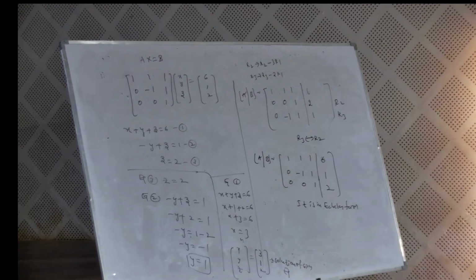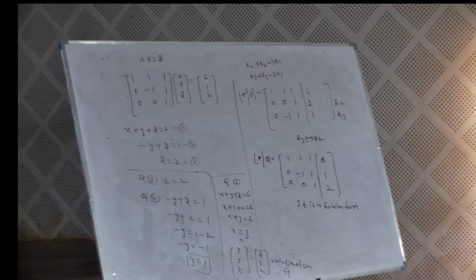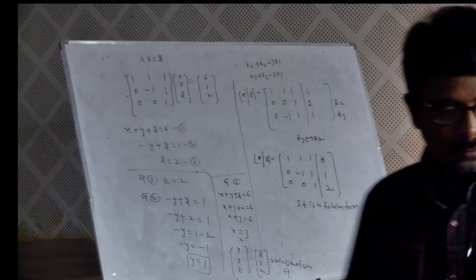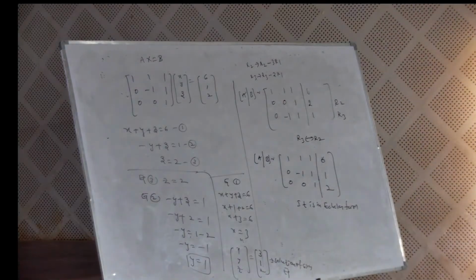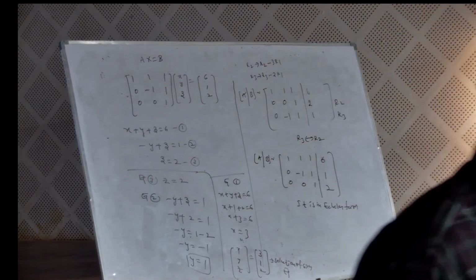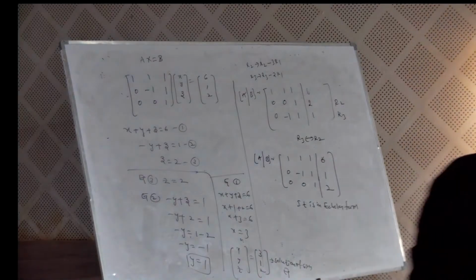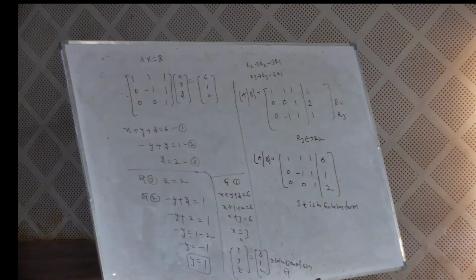Okay, sit properly. Here, the only key for success in the matrix is echelon form.